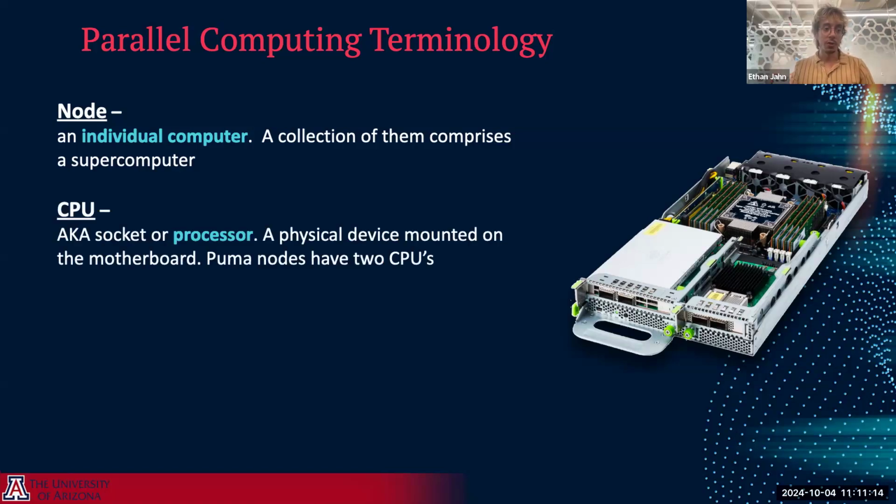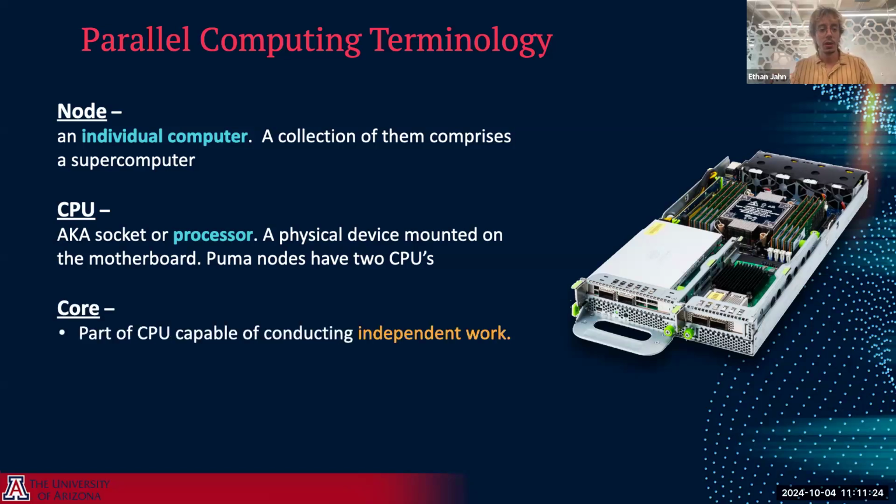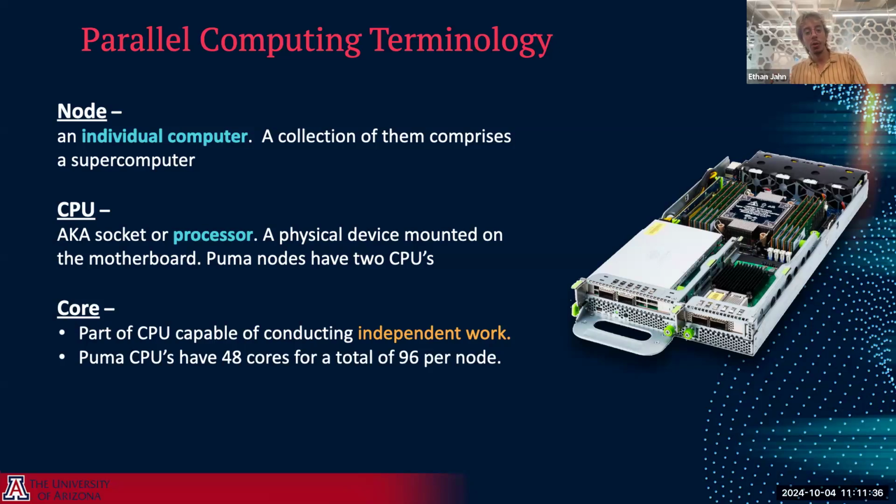So a CPU, also called a socket or a processor, is a physical device mounted on the motherboard. Puma nodes have 2 CPUs. And a core is the component of a CPU that is capable of conducting independent work. So Puma CPUs have 48 cores. So if a CPU on Puma has 48 cores and there are 2 CPUs per node, that means each node has a total of 96 cores.